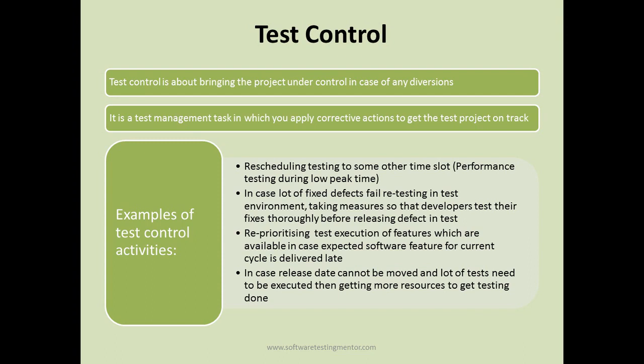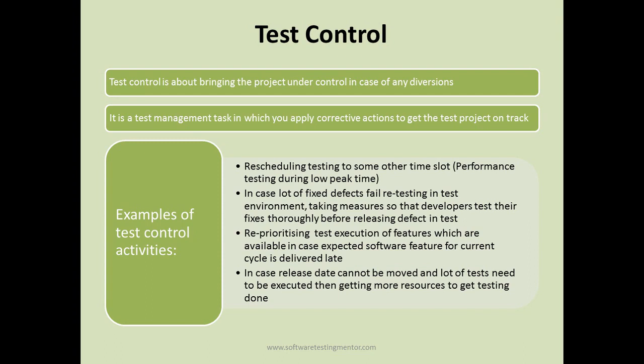Initially performance testing was executed every night in the weekdays. So rescheduling the test to weekends solves this issue. That's one control activity that can sort out these issues, because you have to do performance testing, you cannot avoid it, but you need to reschedule the testing to some other time slot in case there is some issue with a particular time slot.